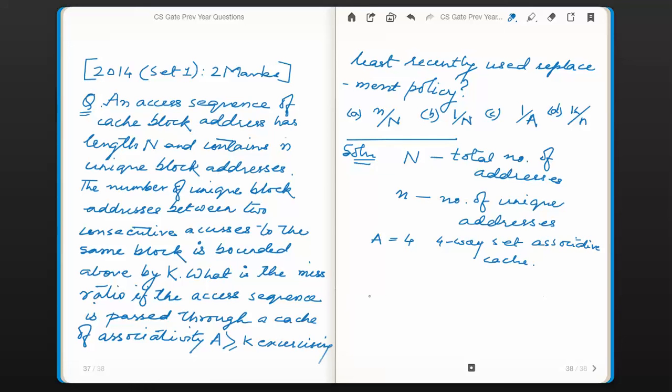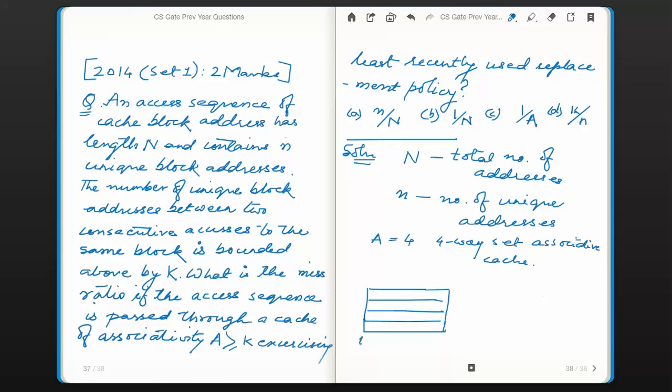And let's say there is a cache and there are multiple sets in it, and this is the diagram of one of the sets. So it is 4-way set associative, that means it must be having 4 cache lines.